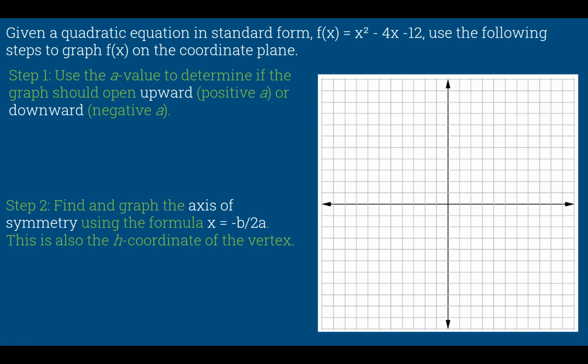What is my a value here? 1. A is 1. Good. What's my b value? -4. Not 4x. My values are not x's. X's are variables, they are not numbers. And what is my c value? Negative 12. We're going to need to know a, b, and c every time, so just go ahead and get it down.